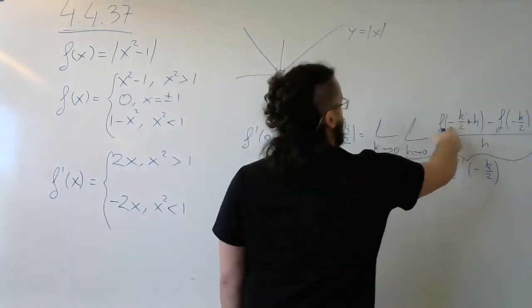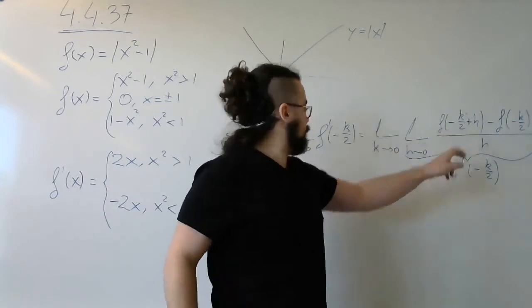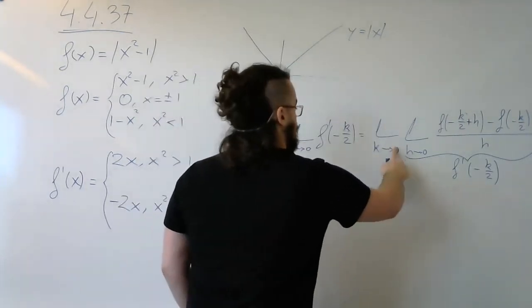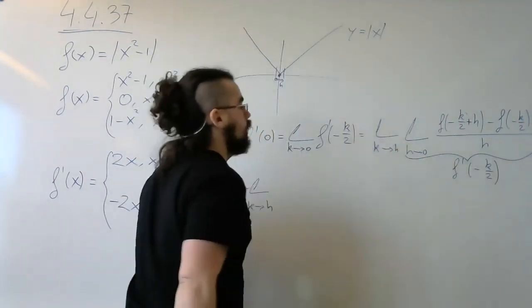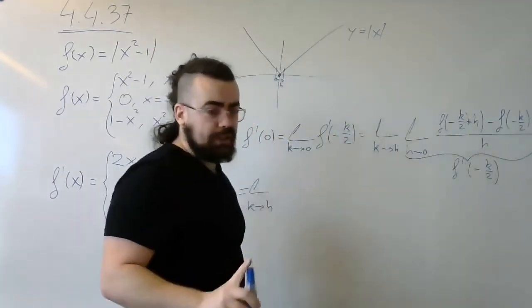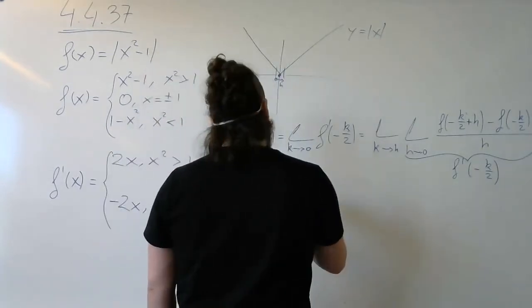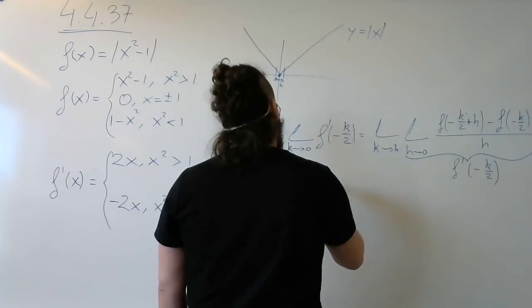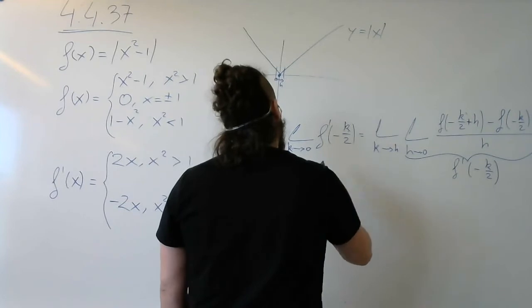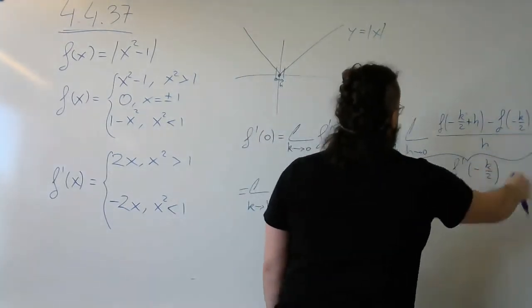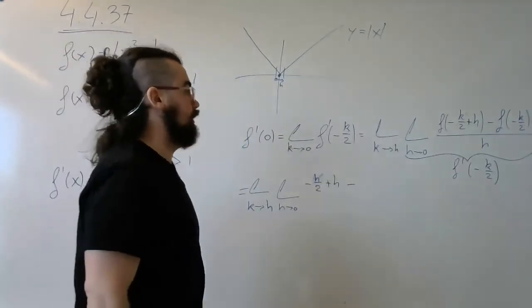So what happens here is that we have this, which is positive, so we can leave it like that, minus this thing, which is negative and has to become positive.